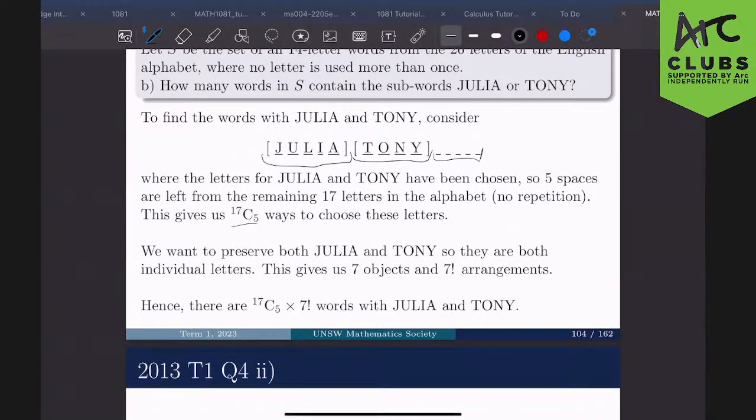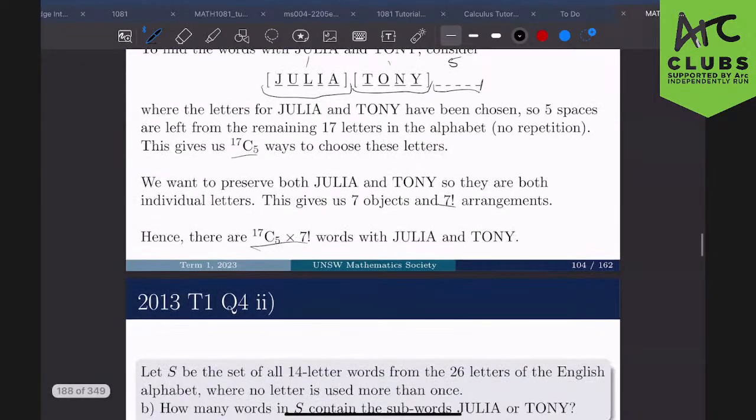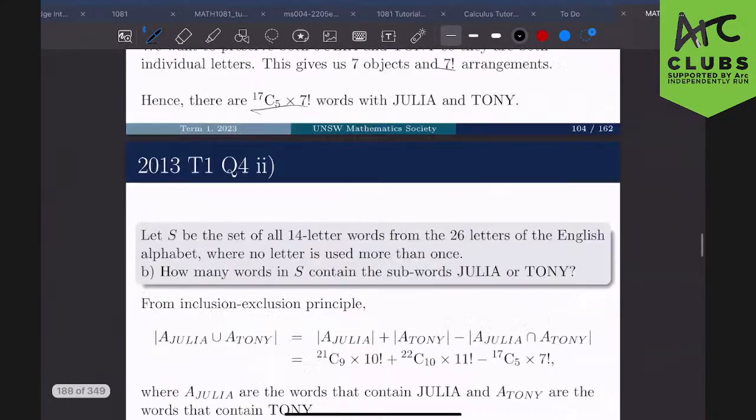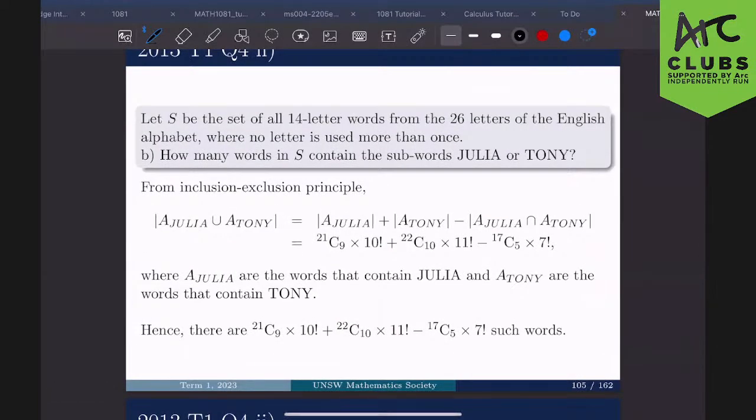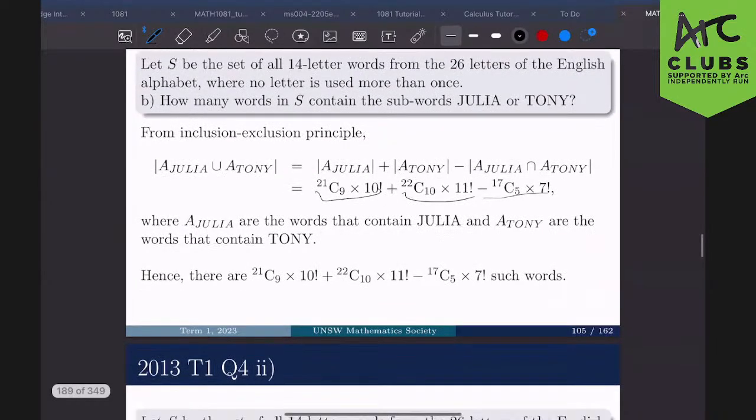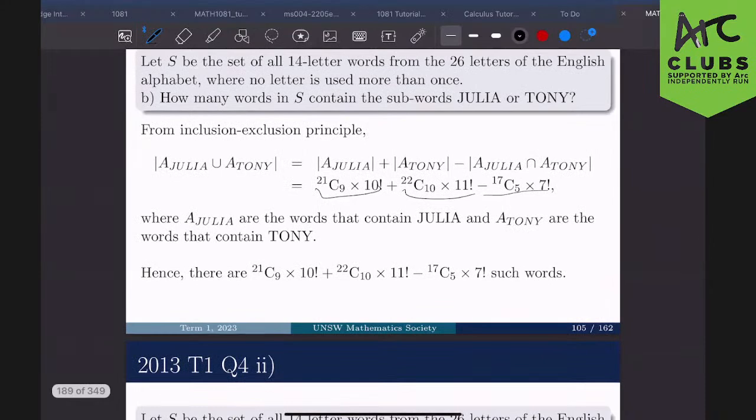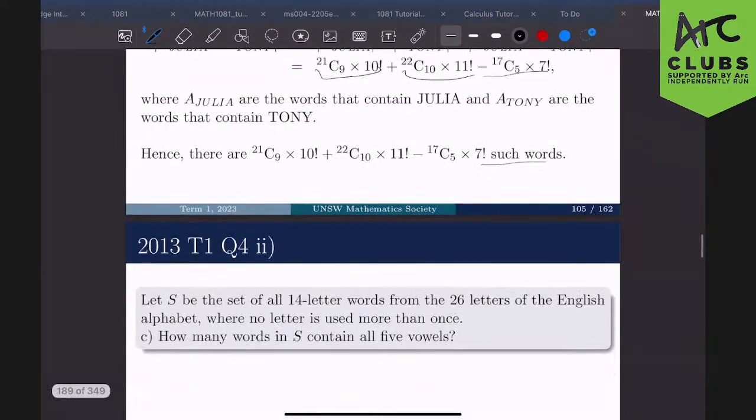That means 5 letters and two objects here, so it's going to be 7 factorial arrangements multiplied by the choices for the letters, and that will give us how many words are with Julia and Tony. And then we just use the inclusion-exclusion principle. Just think about it: you will be counting the intersection twice, so you have to subtract it once. So we fill in the answers that we've gotten so far, and that will give us how many words there are with Julia or Tony.